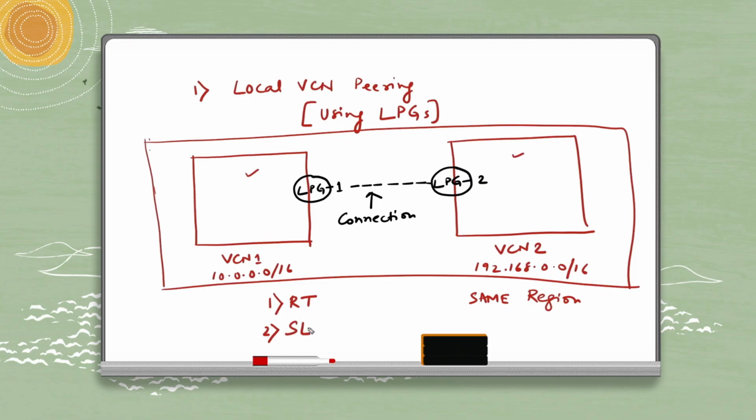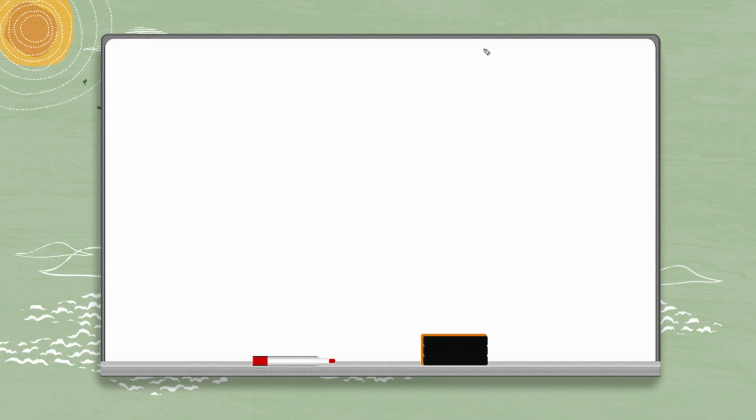And you also have to create supporting security rules so that you can control the type of traffic that is allowed between the instances belonging to these two VCNs. But this is how this local VCN peering setup looks. Remember, here there are two local peering gateways, and you also need to create a connection between those two local peering gateways. Now let's look at the second approach.